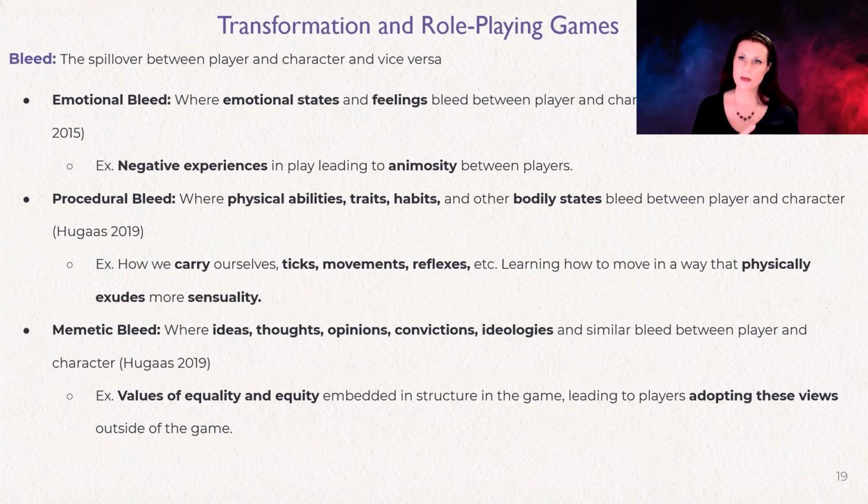So if they have a strong positive experience, let's say, with a role-playing game that focuses on these values, maybe those values become more important to them off the game and more integrated into their paradigm. And we're going to talk a lot more about paradigms as we move along. And if you're interested in this, I definitely recommend looking into Kjell Hedgard Hugo's work because he has written extensively about this.